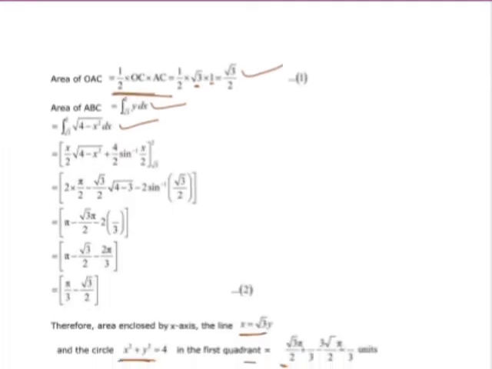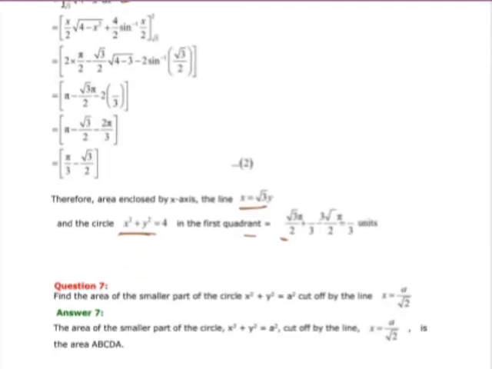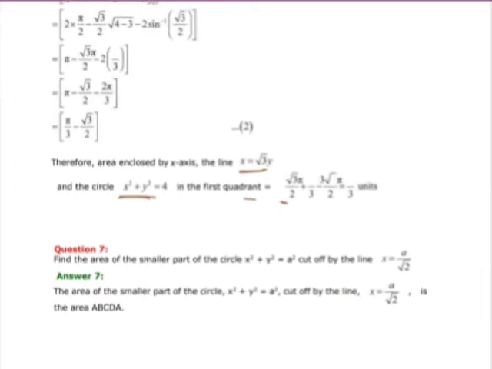So what we get here? Therefore, the area enclosed by the x-axis, x equals root 3y, and the circle x square plus y square equals 4 in the first quadrant, we have here the value of the solution as pi by 3.